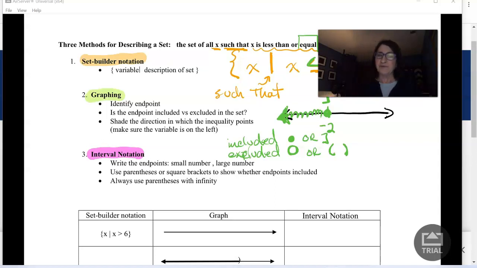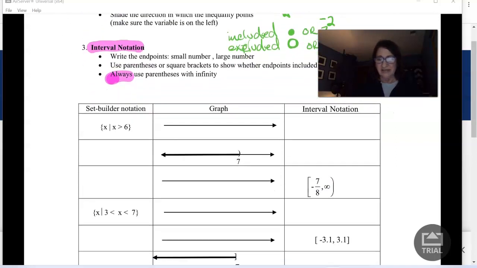Then you use parentheses or square brackets to show whether the endpoints are included or not, just like I just explained. Included, use square brackets. Excluded, use parentheses. You always use parentheses with infinity. Okay, so let's look at an example here.